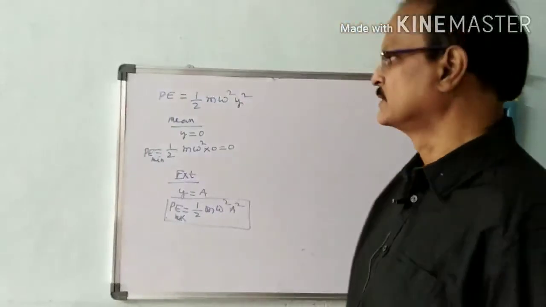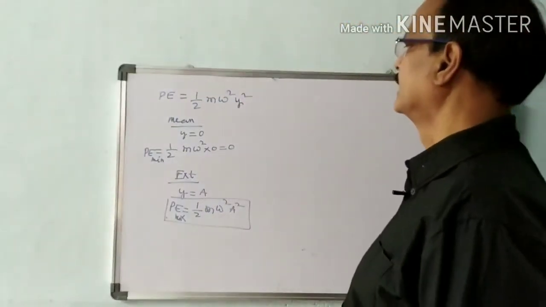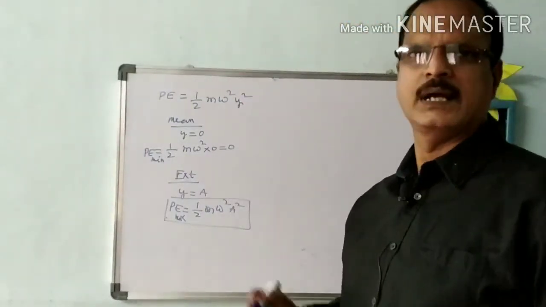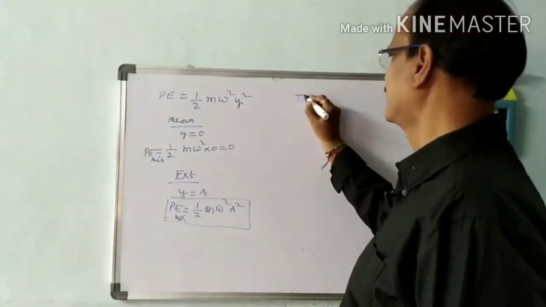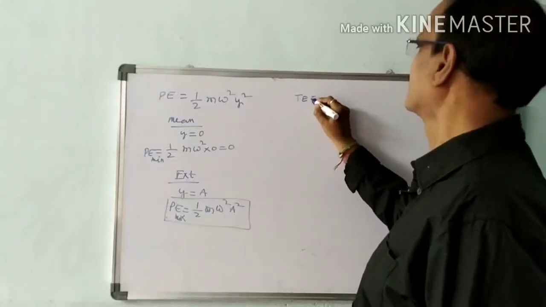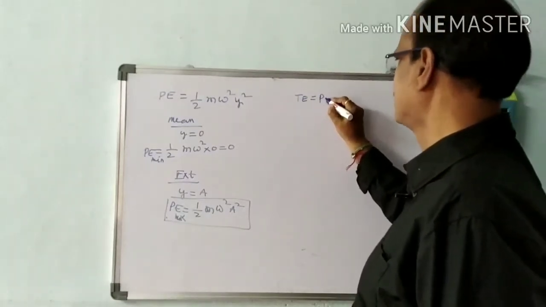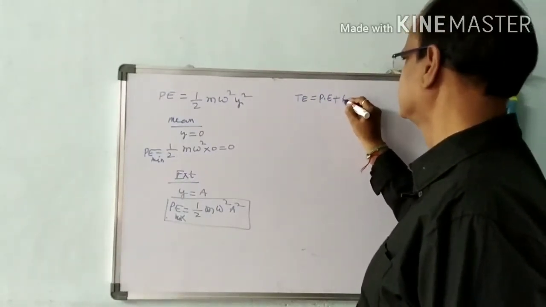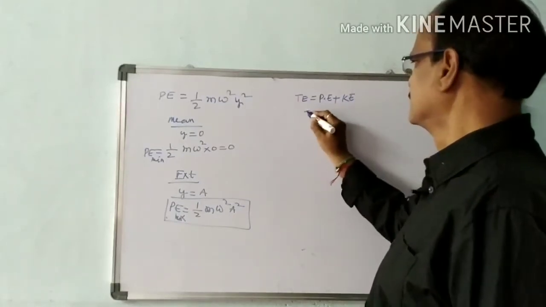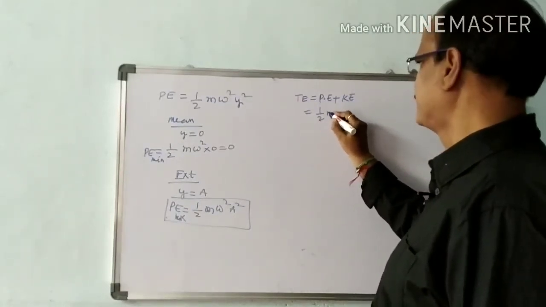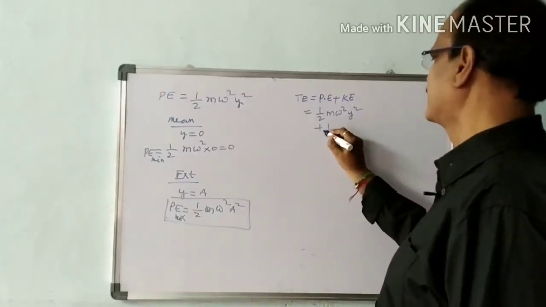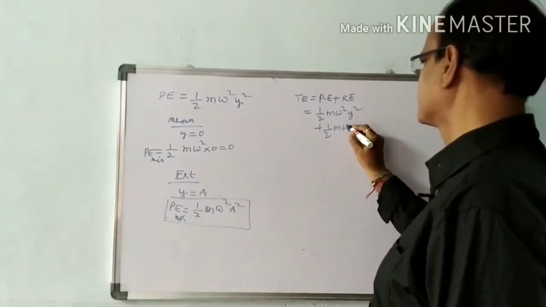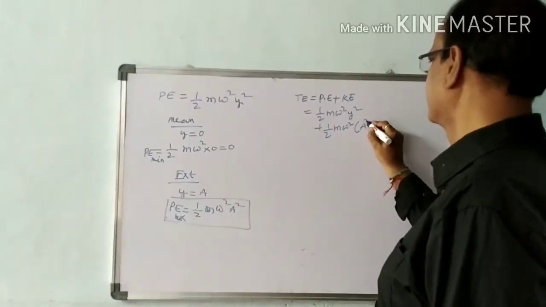Okay. So when we know the kinetic energy and potential energy, now we go for the total energy. So total energy is the sum of P plus K. So P at any position is half m omega square y square, plus K at any position is half m omega square (a square minus y square).